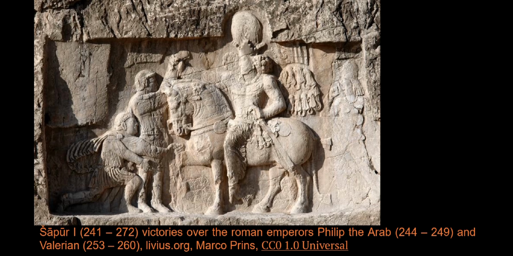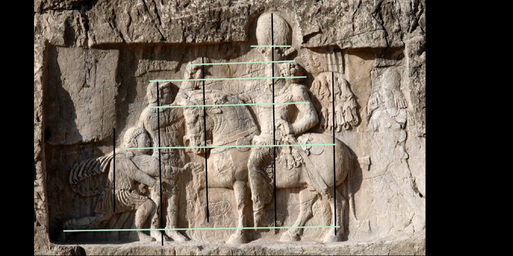There is then a relevant element of inquiry when doing a formal analysis. For example, in that relief, we can see that lines, both vertical and horizontal, have been used to structure the image in a pyramidal form.